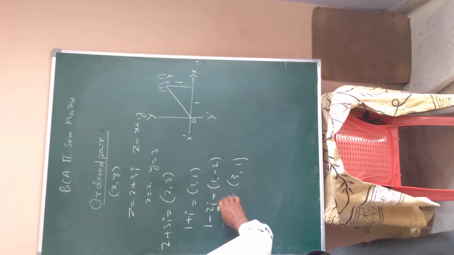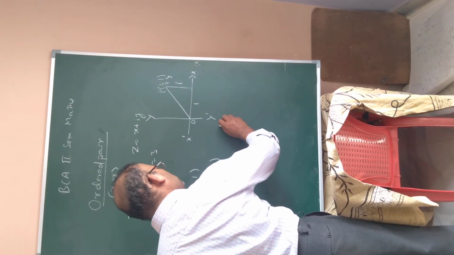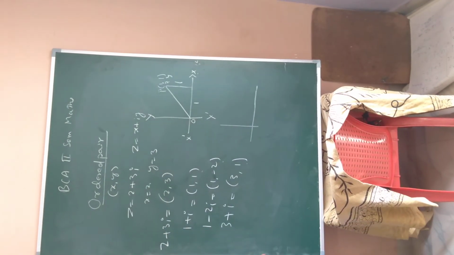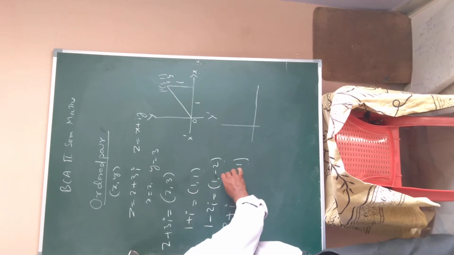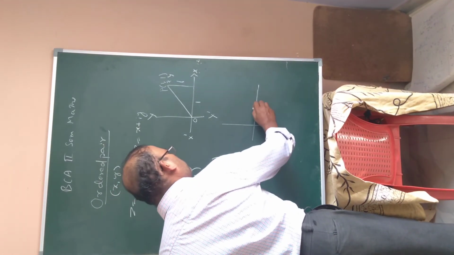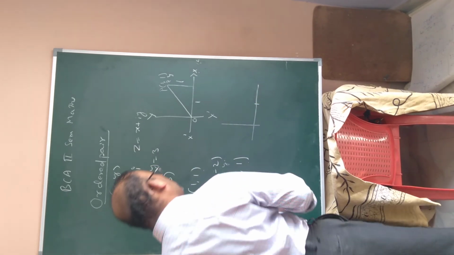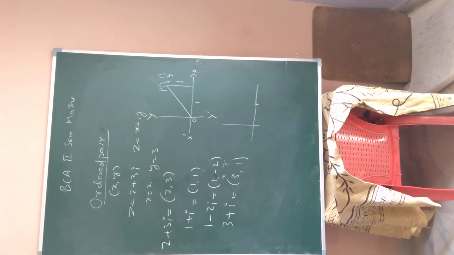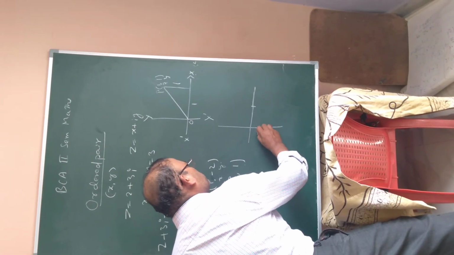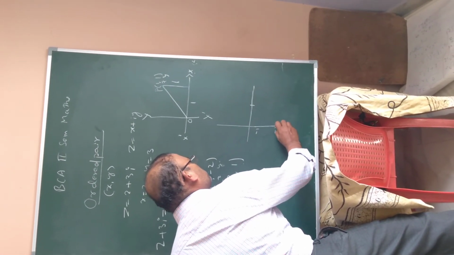Let us take this: here x is 1 and y is minus 2. X is 1, and y is minus 2, meaning here minus 1, minus 2.